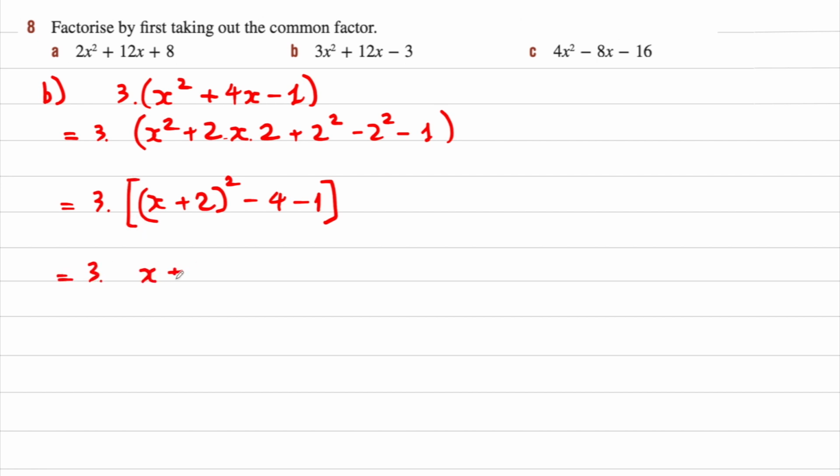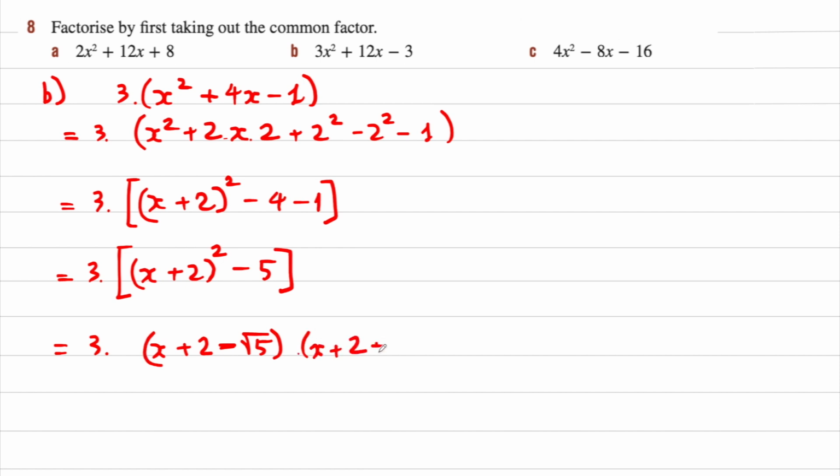Here you have x plus 2 squared and minus 5 one more time. You still have 5, so you work with square root 5: x plus 2 minus square root 5 multiplied by x plus 2 plus square root 5. That is question B.